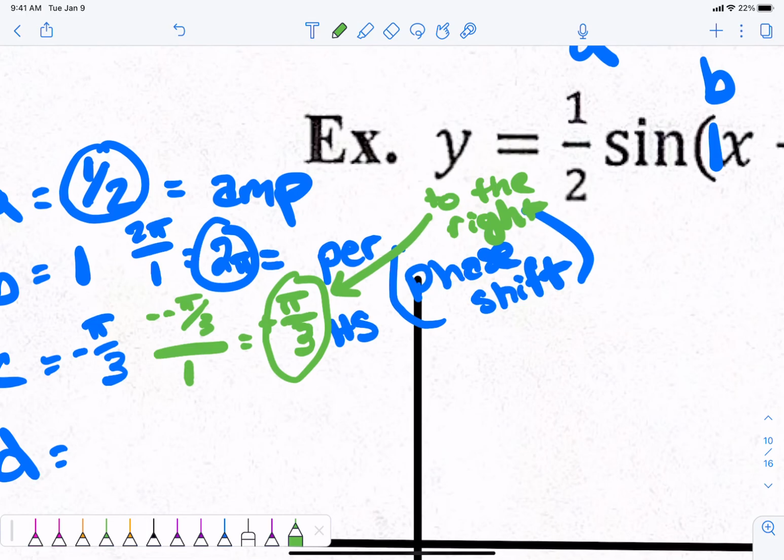Does that make sense? And D, there is no D, so no vertical shift. We're not shifting him up or down at all.